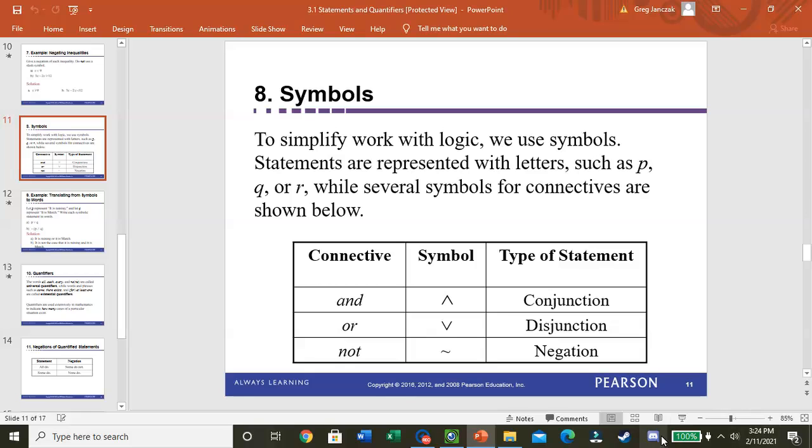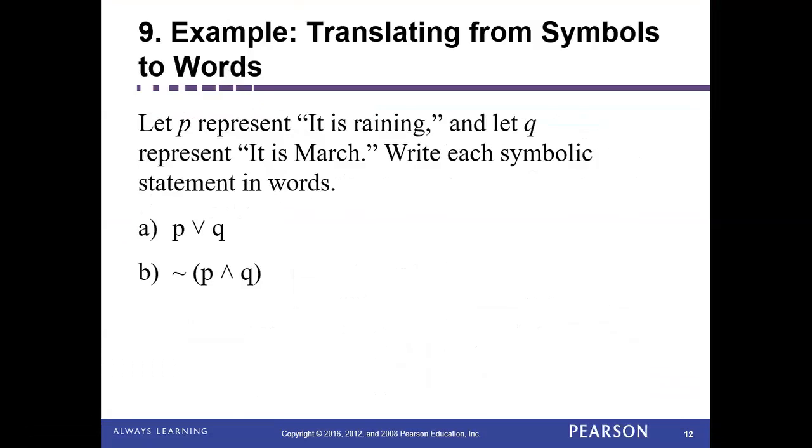All right, so let's take a look at another problem. We'll put this on slide mode so we don't see the answer right away. Let P represent it's raining and Q represent it is March.